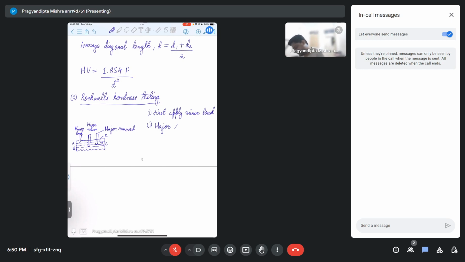And for ball indenter, it will be 130 minus E divided by 0.002. So E is the only value that we have to measure, and then we can find the hardness for this particular case. This is for diamond cone and this is for steel.